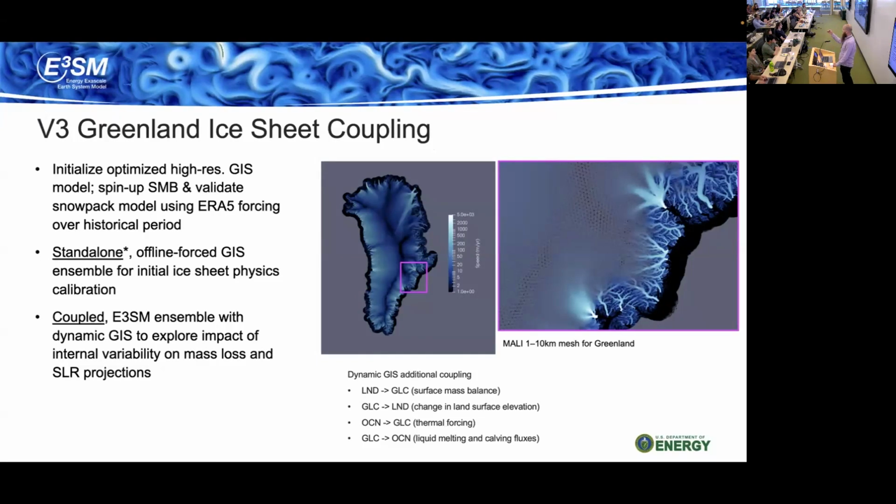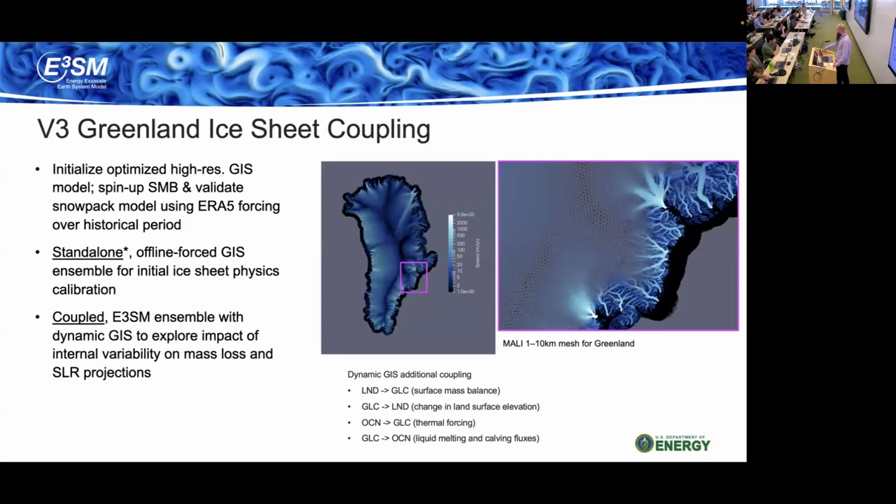I've just listed some of the additional coupling fields and considerations that represent some of the technical challenges inherent with this work. We need to have the land communicate to GLC, the short name for the land ice model, the surface mass balance.